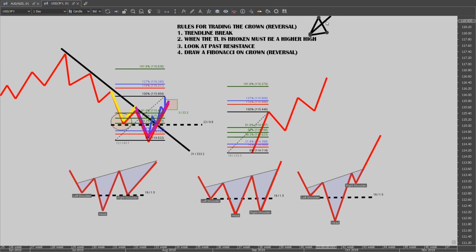Okay, this is the difference when you are trading pure price movement, price action swings, and when you are trading the crown and crown reversal in this example.